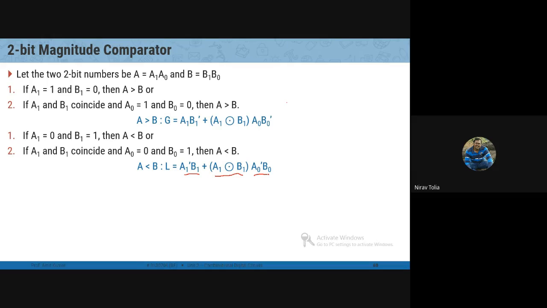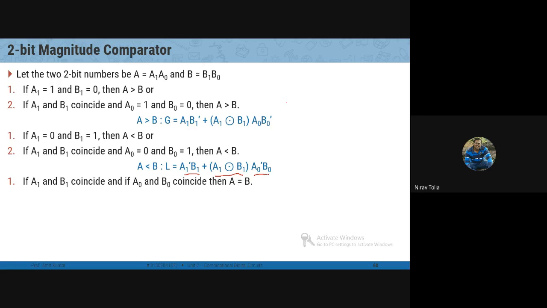Now we have a third possibility, for A equal to B. When A equals B, my A1 and B1 coincide, as well as my A0 and B0 coincide.